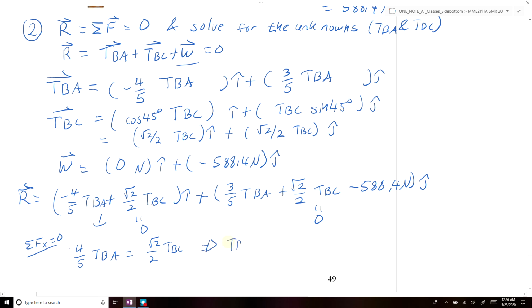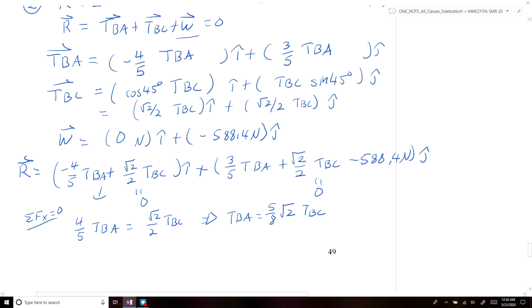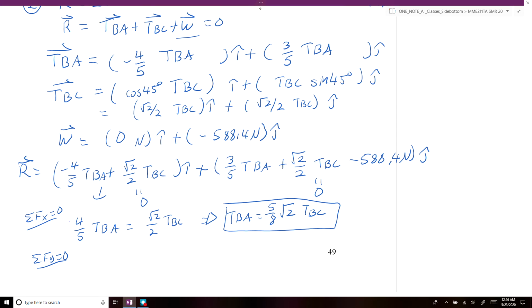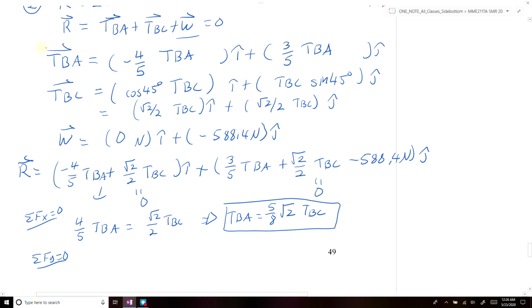TBA is going to be equal to 5/8 times radical 2 TBC. We can use this equation and plug it into the sum of all of our forces in the y direction equal to 0, which is the component on the right-hand side of our resultant force.